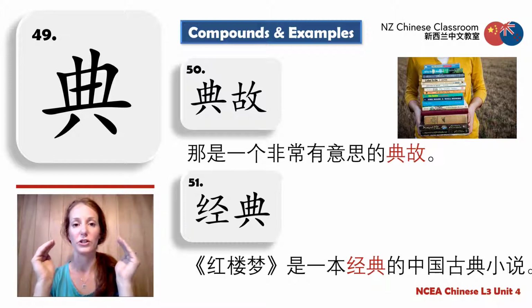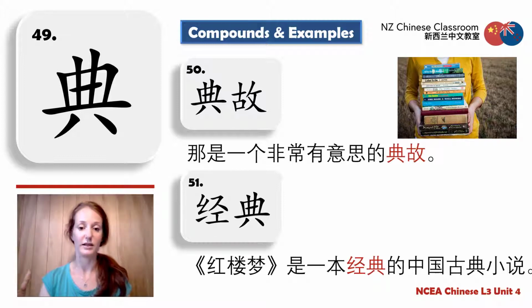This is the Chinese version of the punctuation. So 红楼梦 is a classic Chinese novel, and the name of it is Dream of a Red Chamber. And the sentence means 红楼梦 is a 一本, so measure word for a book, classic Chinese classic novel. So 古典音乐, classical music. So 古典小说 is a classic novel.